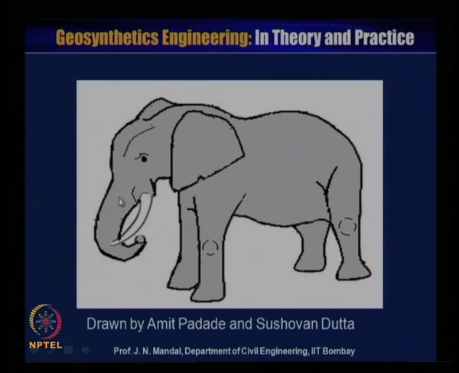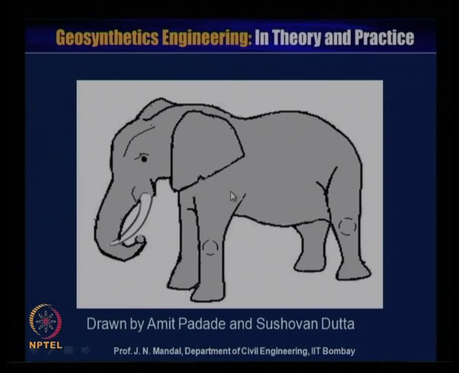Another felt the trunk and said, this is a snake. The other touched the leg and said, it is a big thumb, and so on. But we do not know what exactly this beast or the element is.